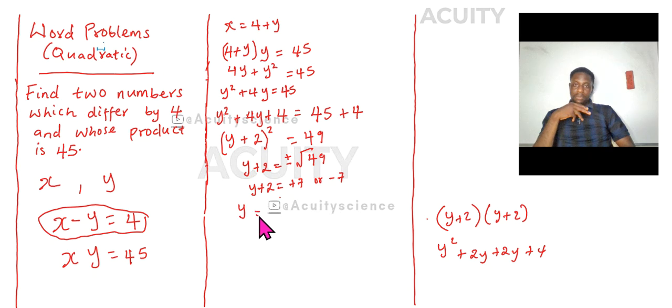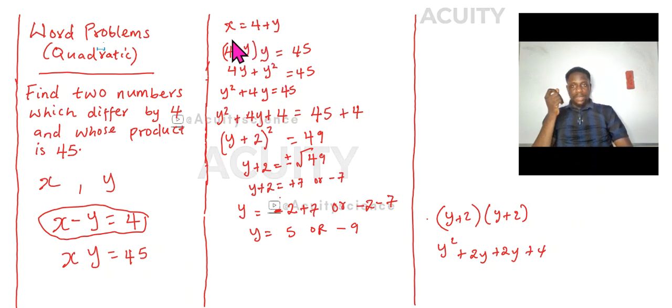So I have y equals minus 2 plus 7 or minus 2 minus 7, because this plus 2 is going to cross an equal sign. So y is equal to minus 2 plus 7, which is 5, or minus 2 minus 7, which is minus 9. So these are the two possible values for y.